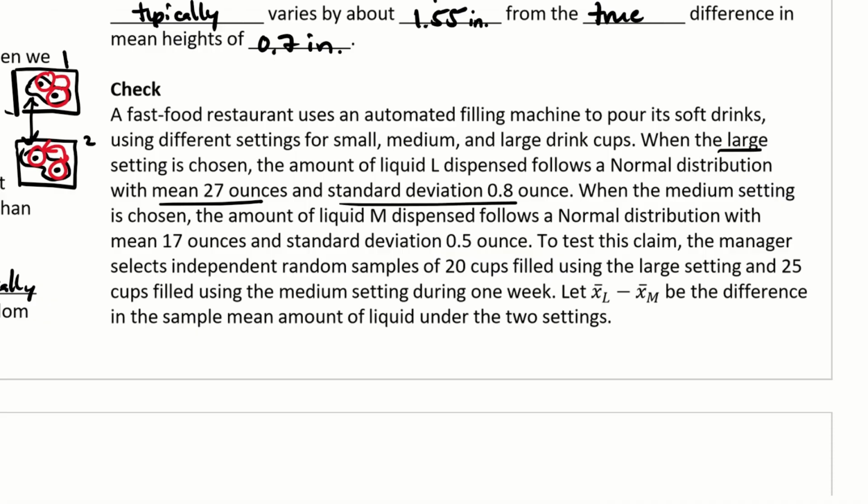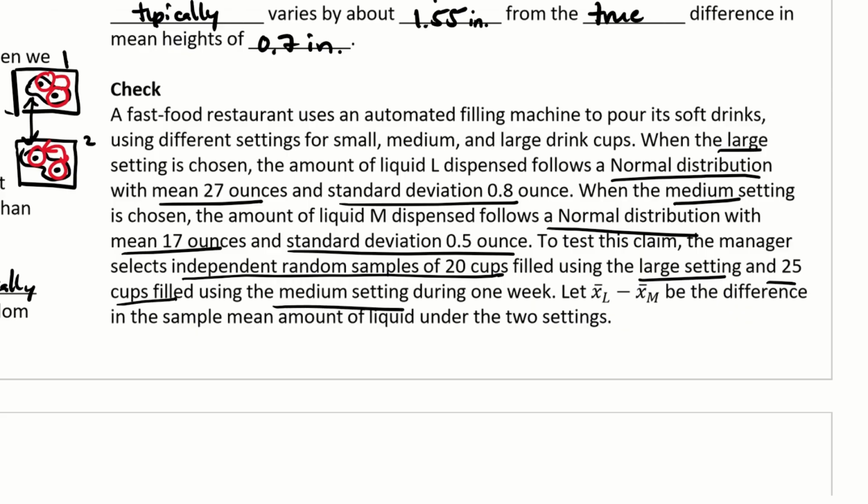For the medium, it's also a normal distribution, so they're both normal distributions. The mean is 17 and a standard deviation 0.5. The manager selects independent random samples of 20 cups filled using the large setting and 25 cups using the medium setting during 1 week. Let x bar L minus x bar M be the difference in the sample mean liquid under the two settings.